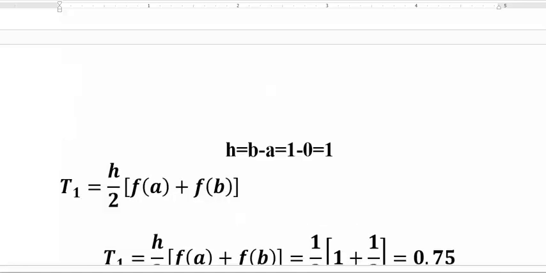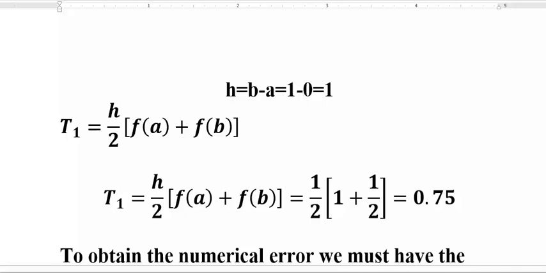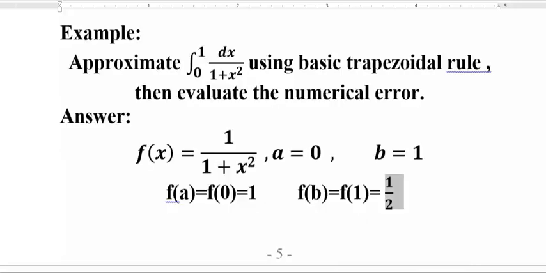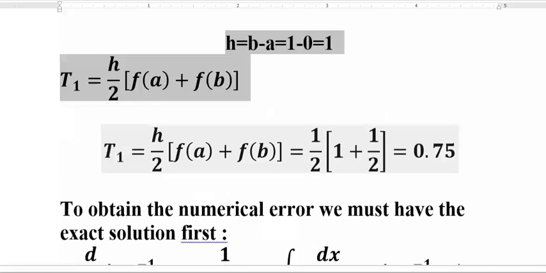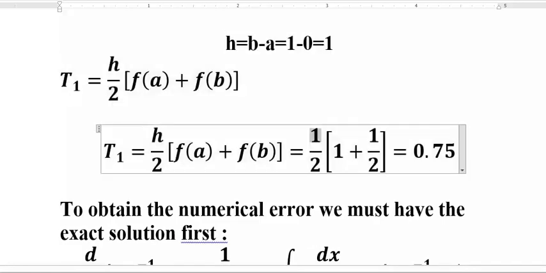So applying the trapezoidal rule, h, which is the distance between b and a, which is b minus a, which is 1 minus 0, so h equals 1 over 2. f of a is evaluated as 1, and f of b is evaluated as a half.